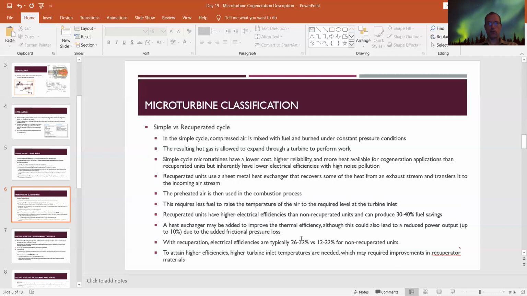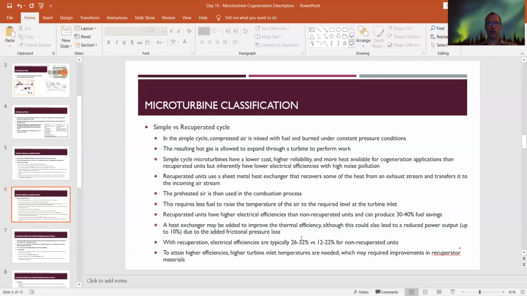So a heat exchanger could be added to improve the thermal efficiency, but this could also lead to reduced power output of up to 10% due to that added frictional pressure loss. And with recuperation, electrical efficiency is typically 26 to 32%, whereas with the simple cycle you're down to 12 to 22%.